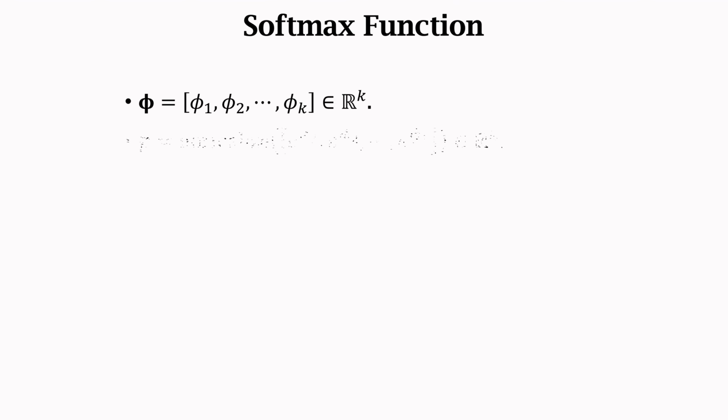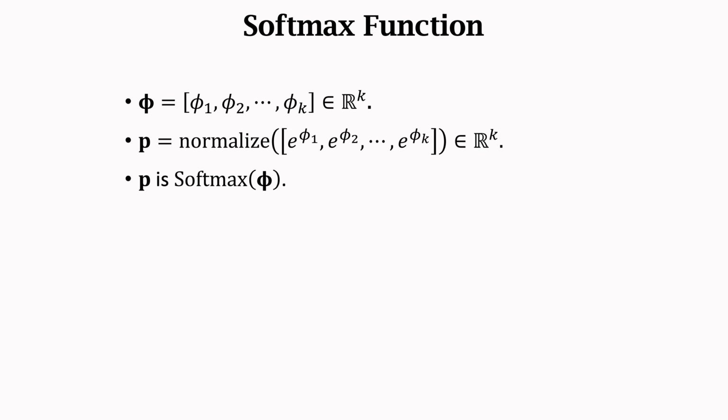Let's revisit the Softmax function. It is a very commonly used activation function that maps a vector to a probability distribution. The input is phi. It's a k-dimensional vector. Denote its elements by phi sub 1, phi sub 2, dots, phi sub k. Softmax applies the exponential function to all the k elements of phi to get k positive numbers.